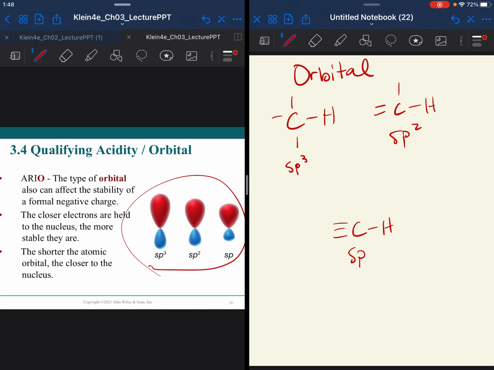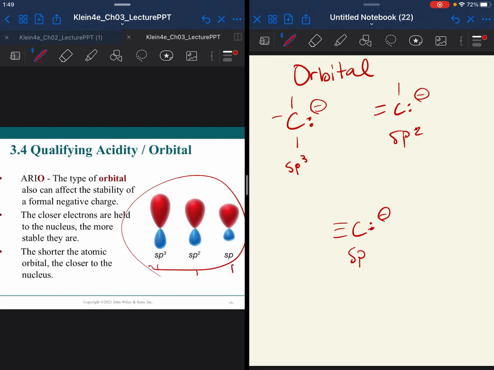sp3, sp2, sp. So when you remove the proton, right, because we're always comparing the conjugate base, you're going to get a lone pair here or a lone pair here. That charge, where that charge is localized, that lone pair is going to be either in an sp orbital, sp2, or sp3, and they have different shapes.